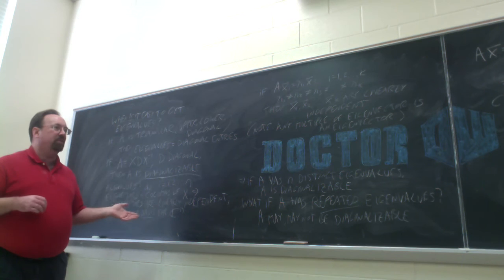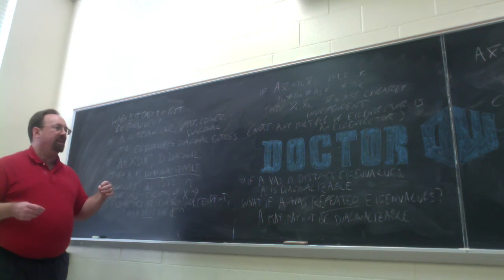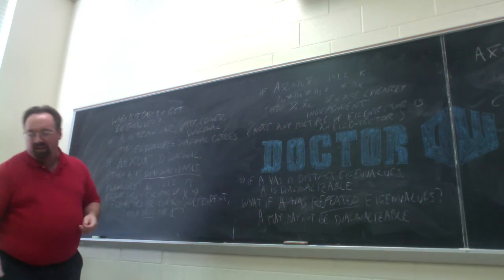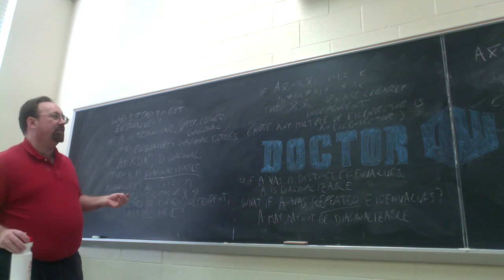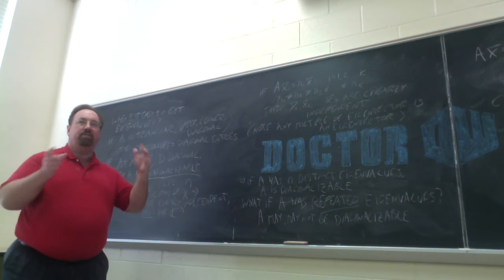But for simple problems, small matrices where you can work things out by hand, all this is very important because it affects what kind of solutions you get to your system of DEs. For example, when you took your DE class and you were solving second-order equations, you had your characteristic equation and you got your two roots.